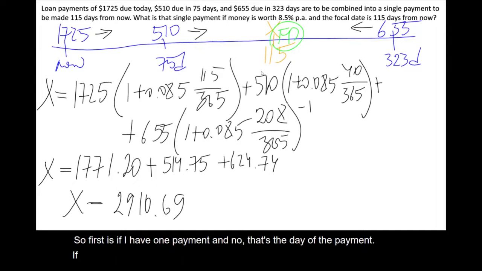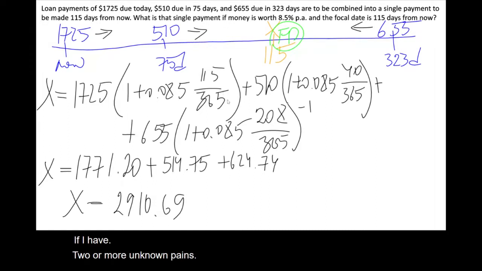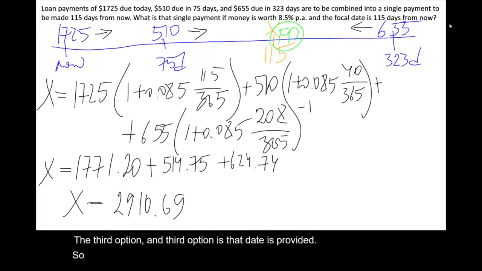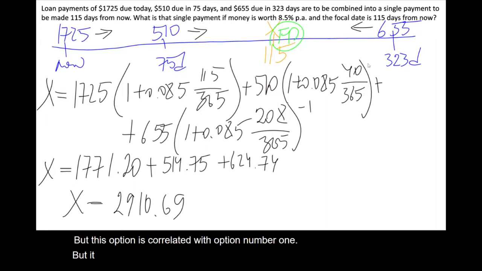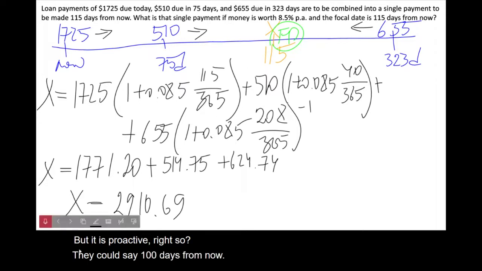If I have 2 or more unknown payments, it's now. The third option is that the date is provided. Here we have the third option, but it correlates with option number 1. They could say, for example, 100 days from now. Okay, let's continue.